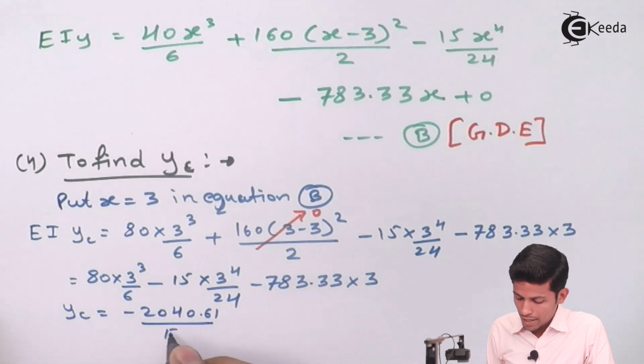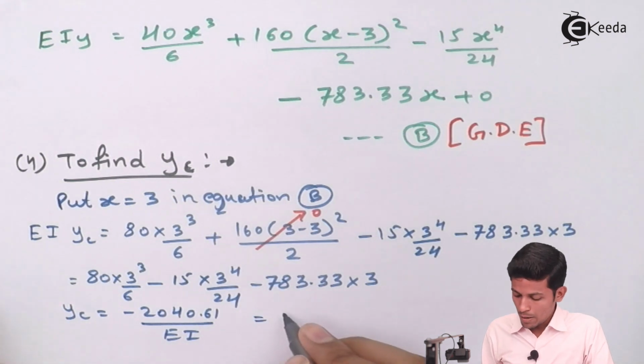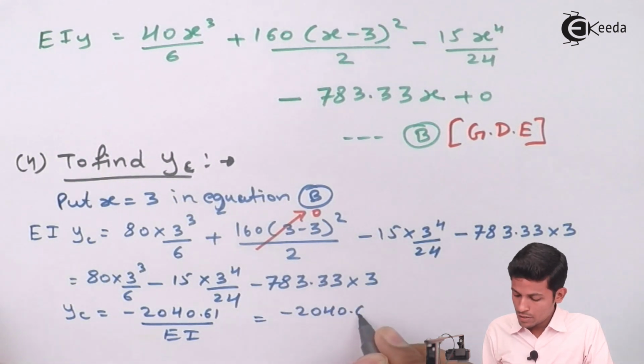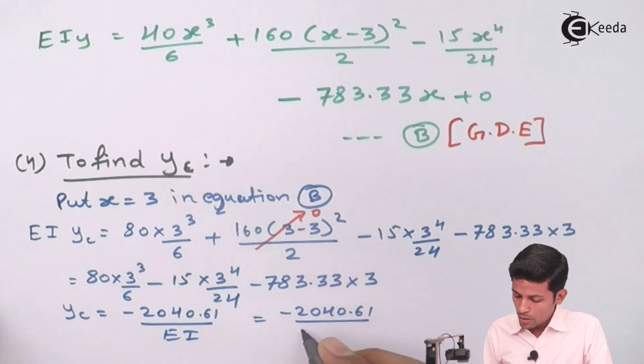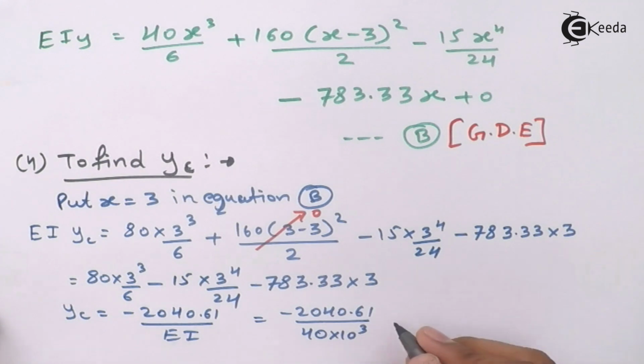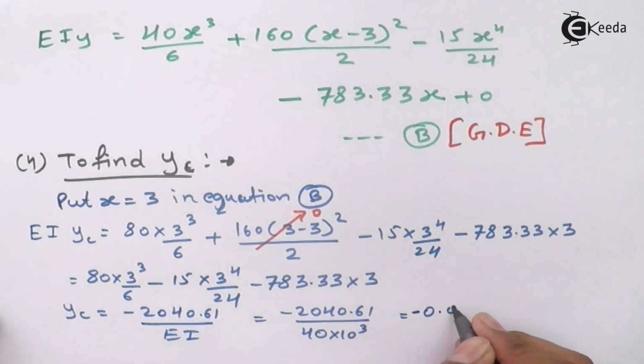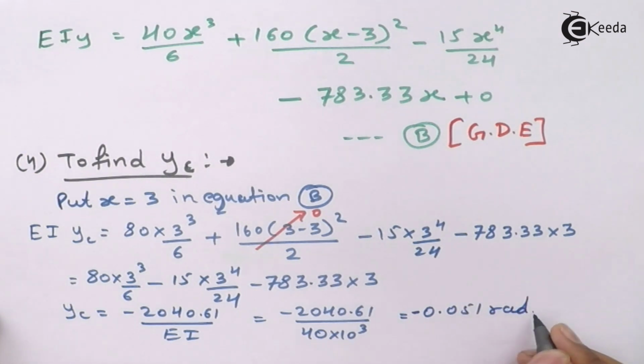Now you get the value of YC will be minus 2040.61 upon EI, but we know the value of EI over here. So minus 2040.61 upon EI value will be 40 into 10 raised to 3. Okay, now we get the answer over here, minus 0.051 in, sorry, not radian, in mm.